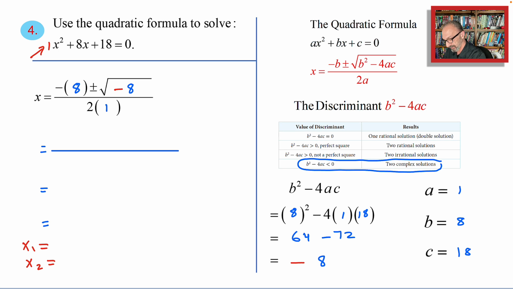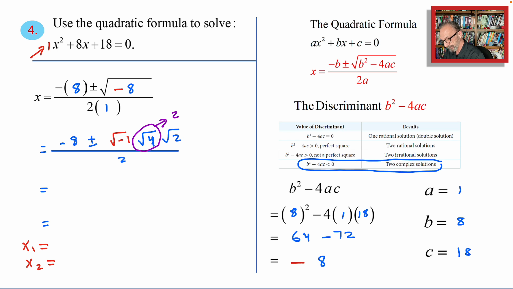This simplifies to the following: minus 8 plus minus square root of negative 1, and 8 is 4 times 2. If we break it down, 4 and 2. The reason why I did that, because the square root of 4 simplifies to 2, all over 2 times 1, which is 2.